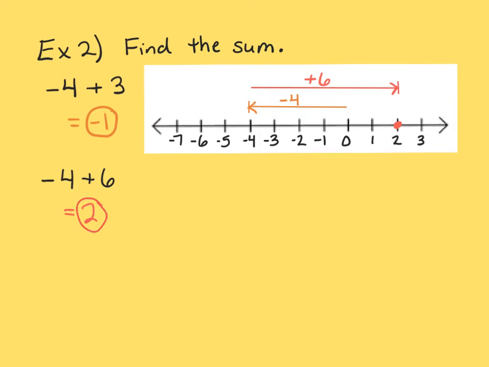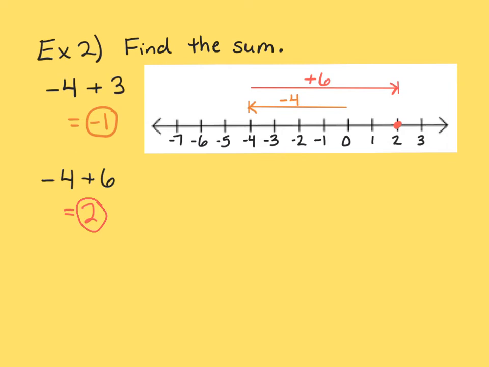I noticed that when I added integers that were different signs, sometimes I got a negative answer, sometimes I got a positive answer. So what we might look at is what's going on within the relationship and the integers to start with. We have -4 and +3 results in -1.